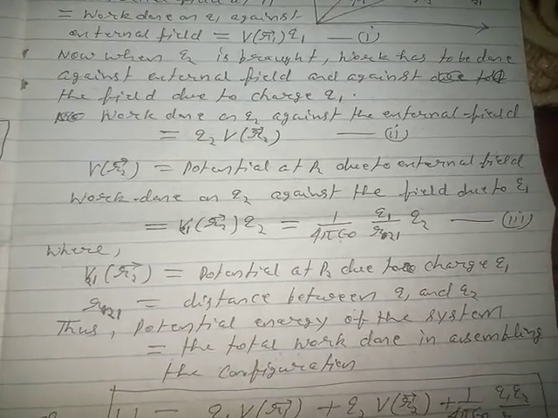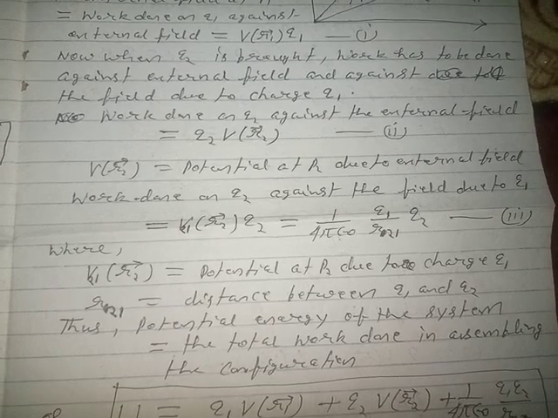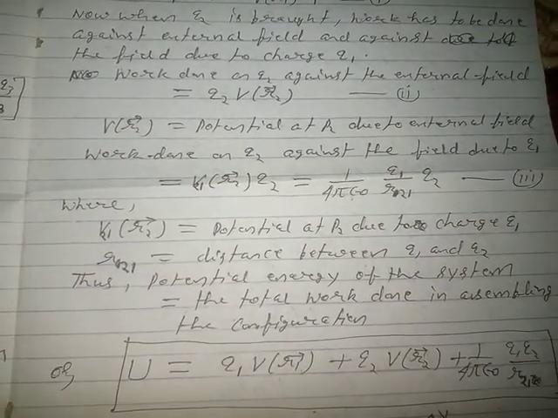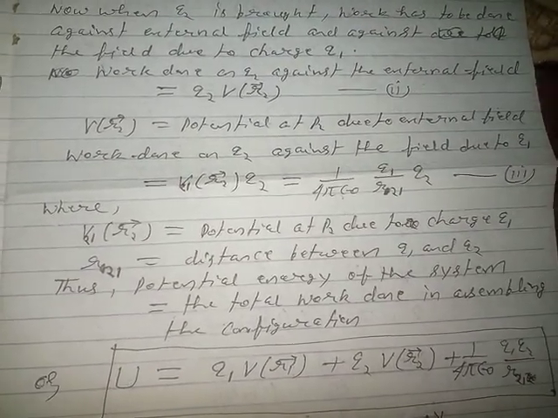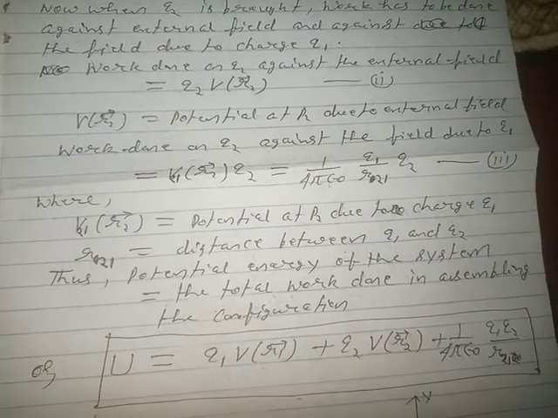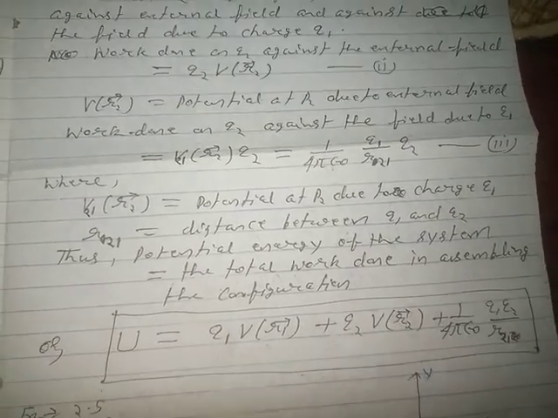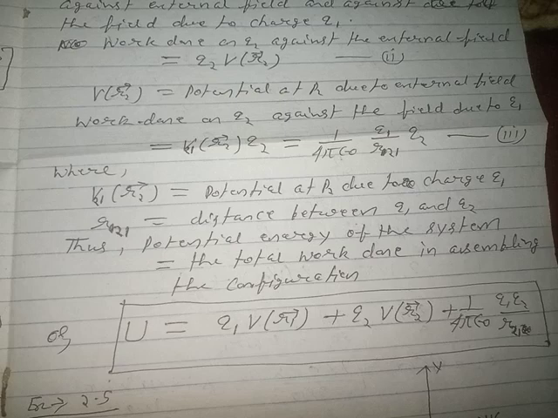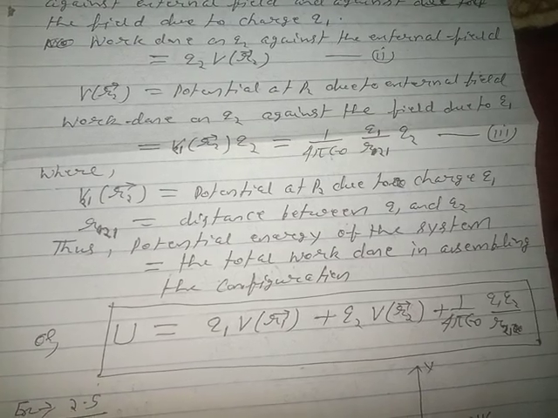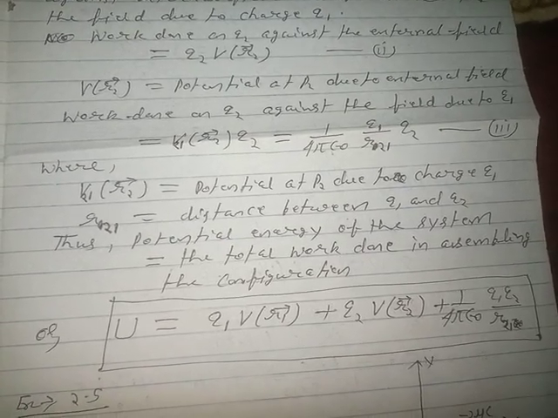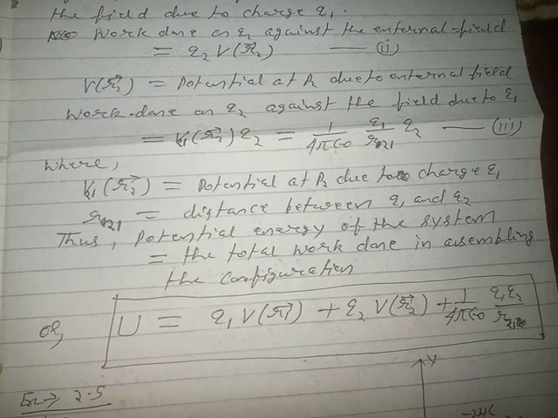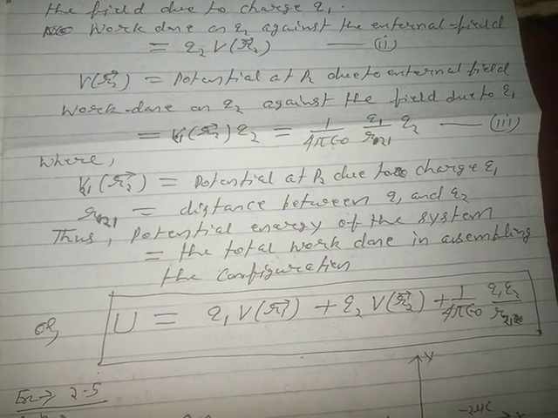The work done on Q2 against the field due to Q1 equals V21 Q2, which is 1 by 4 pi epsilon naught Q1 Q2 by R21, equation 3, where V21 equals the potential at P2 due to charge Q1 and R21 equals the distance between Q1 and Q2.